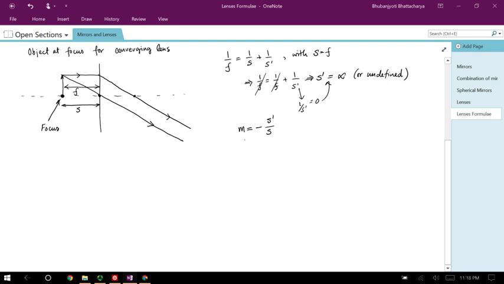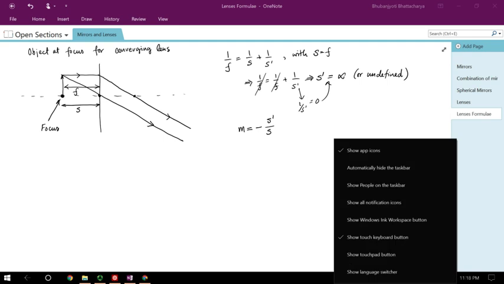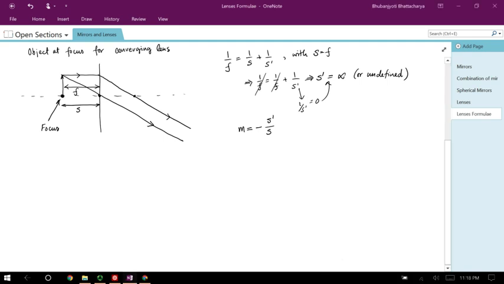All right, so now let's see what happens if you put the object, instead of at the focus, at the center of curvature. We'll draw another figure over here. This is the focus, and this is the center of curvature. So this is my object. If I have a parallel ray, after it goes through the lens, it's going to do that.